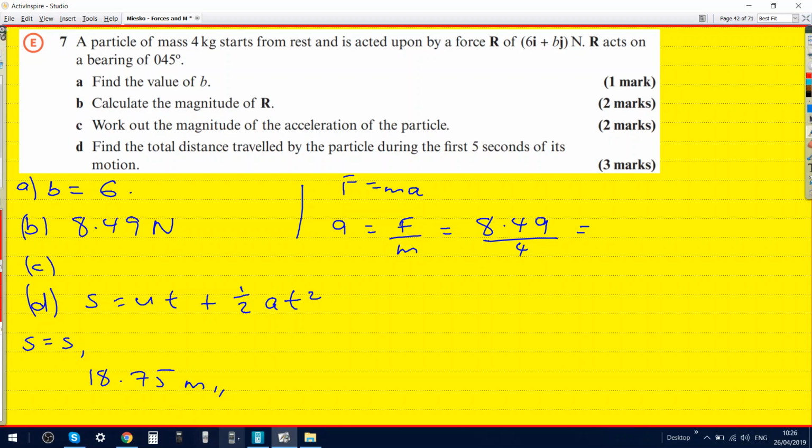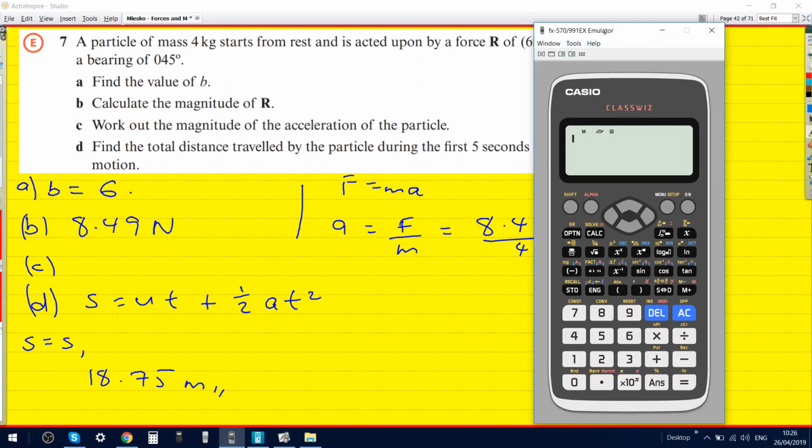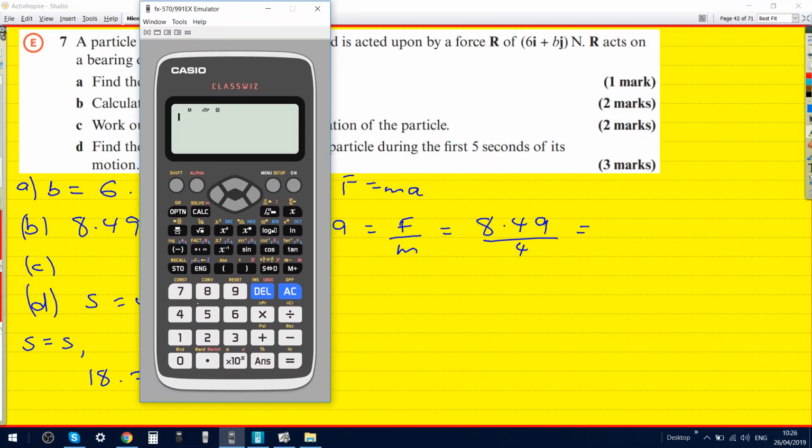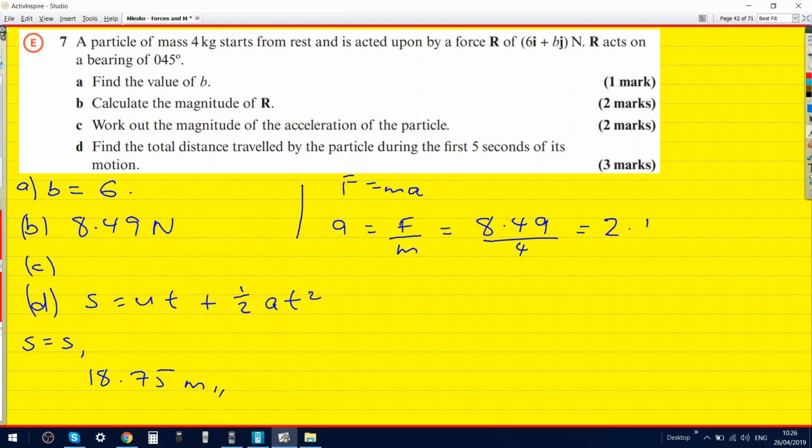Yeah. And so what is that in your calculator? 2.12. Yeah. Why? How did you get the other one? I did 6i plus 6j divided by 4.